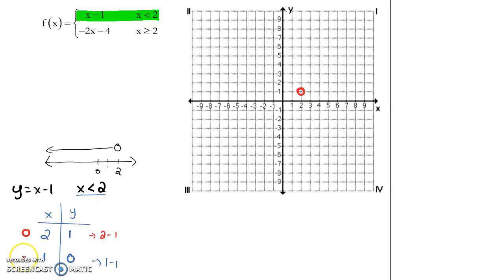Then you are going to start there and draw your line through the other point with an arrow.